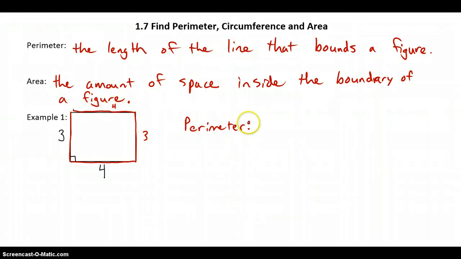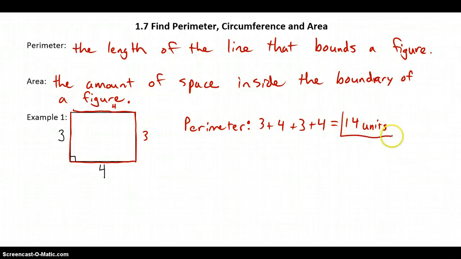So my perimeter is 3 plus 4 plus 3 plus 4, which gives me a grand total of 14. And since I don't have units in here, I'm just going to call this 14 units. If it was in centimeters, I would say centimeters. If it was in feet, I'd say feet. But I'm measuring the length of the line.